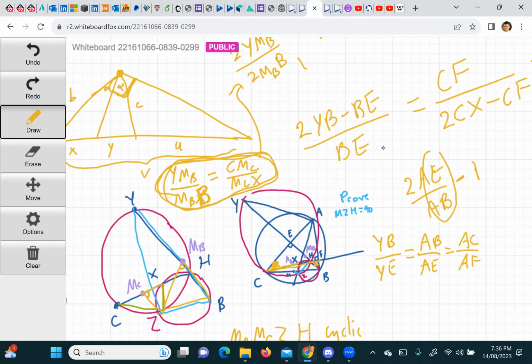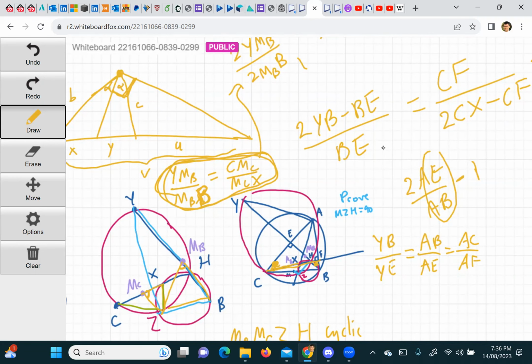CX on XF plus 1, and CX on XF minus 1. Okay? And then the point is YB on YE, we already said, so YB on YE is AB on AE, which is AC on AF, right? Yeah. And AC on AF is also CX on XF. Yeah. Okay? And how are MA and MC defined?